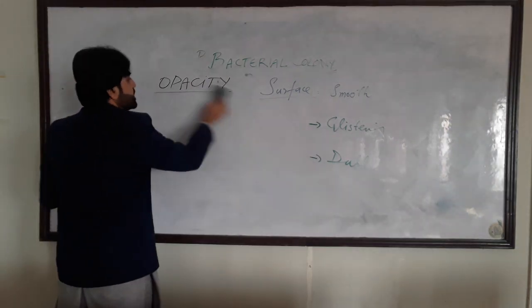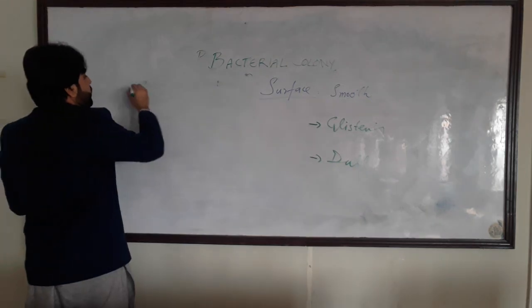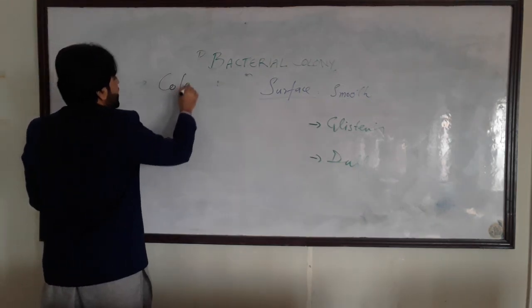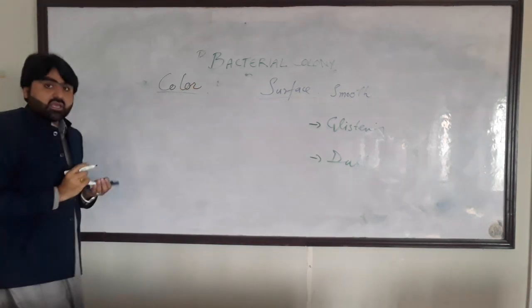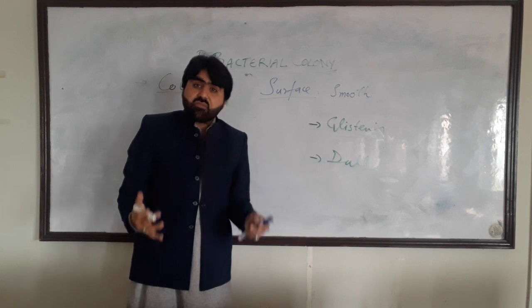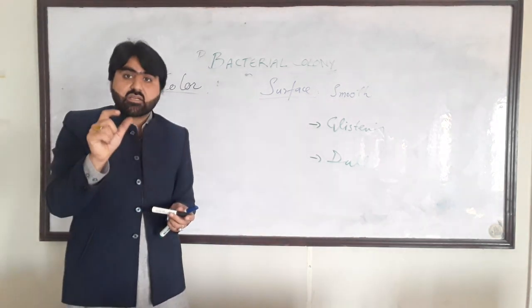After opacity, you can also look for the color of the colony, which is known as chromogenesis, because there are certain bacteria which can produce different pigments and those pigments can color the bacterial colony.